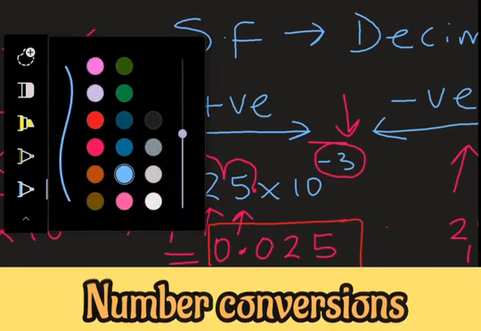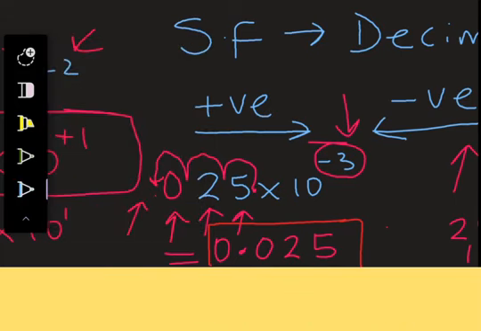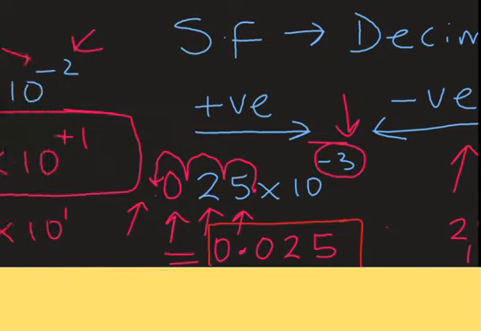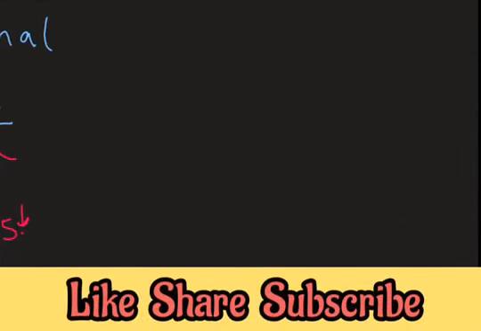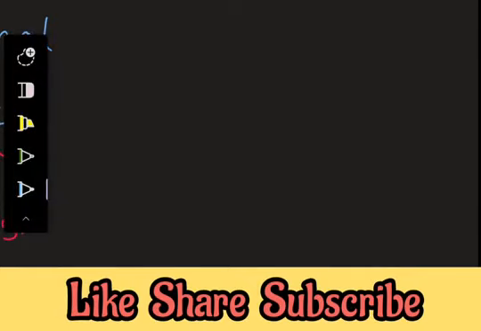Hope that's clear. So this is how you can convert your numbers from standard form to decimal, and from decimal form to standard form. So I'm going to give you some questions for you to attempt, and you just practice them so that you can get used to it.